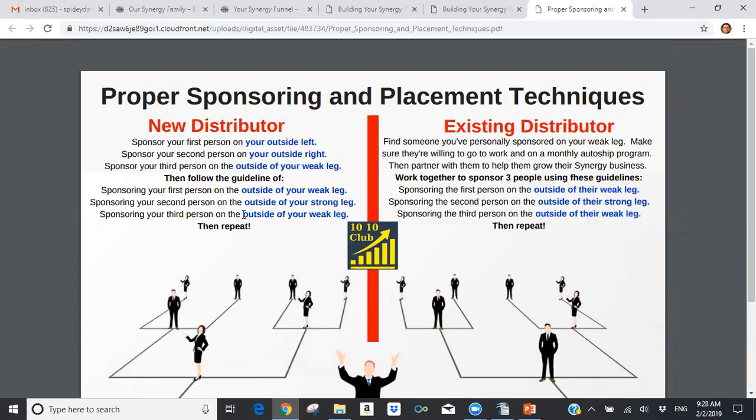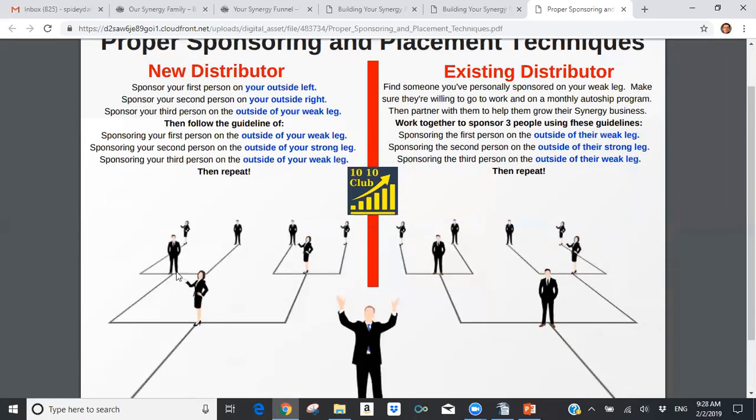And if you're teaching the ones that you bring in, that you've personally sponsored, to replicate the same process, so this person that I first brought in and placed on my left-hand side, she now decides to begin to build her Synergy business. What is she going to do? She's going to use proper sponsoring and placement techniques. Where does the first person that she brings in go? On her outside left.